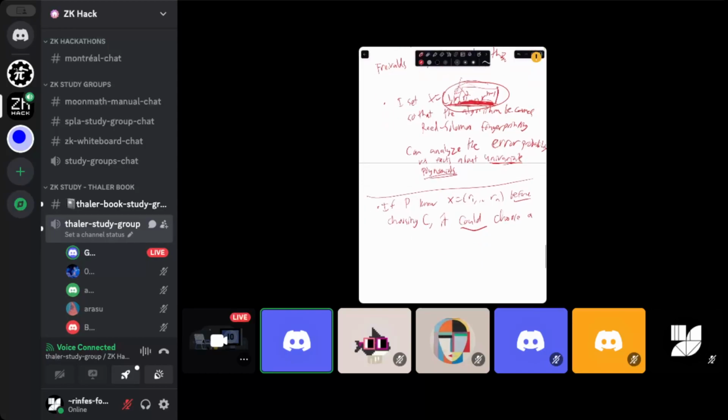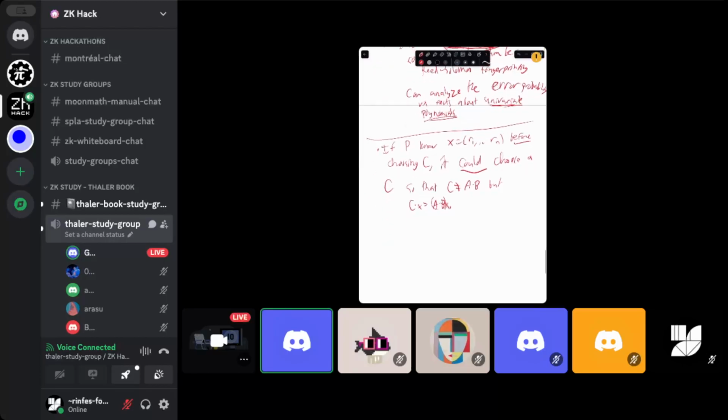It could choose a C so that C is not the right product matrix, but C times X equals A times B times X. So it's really important that the prover, when determining the claimed answer C, does not know what this random vector X will be. If it did, it could just trick the verifier, choosing a C that agrees with A times B at X, but nowhere else.